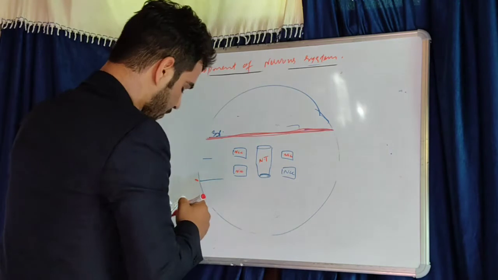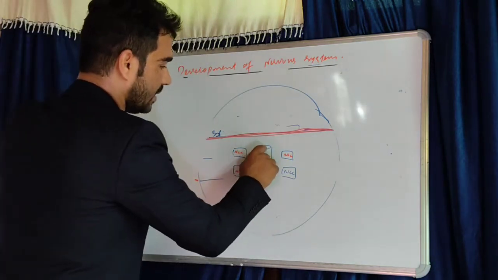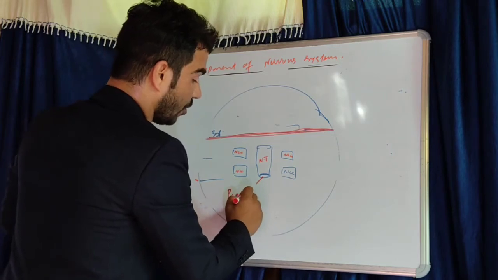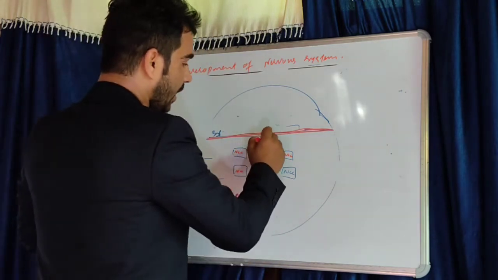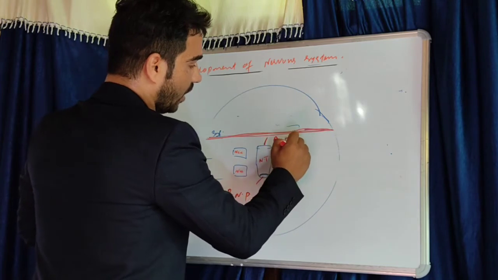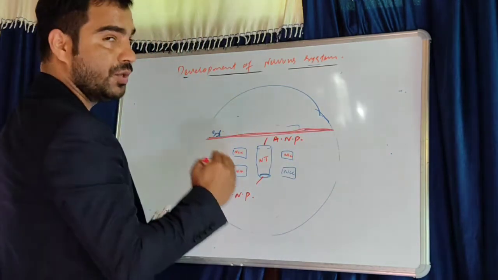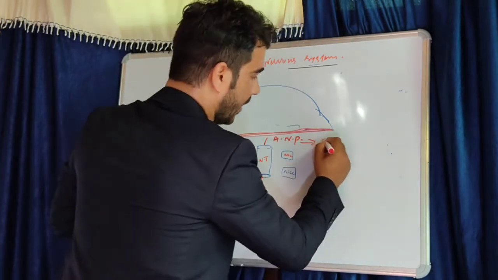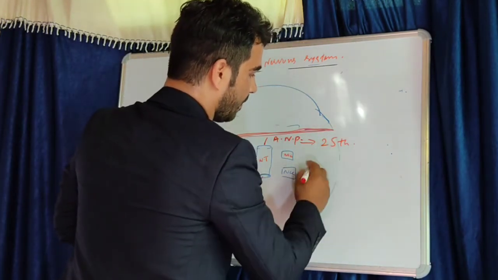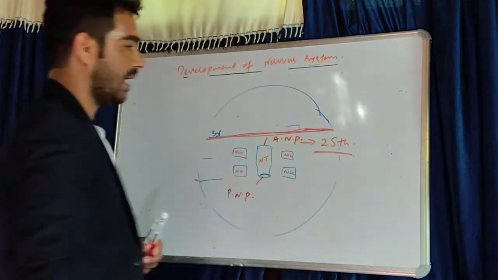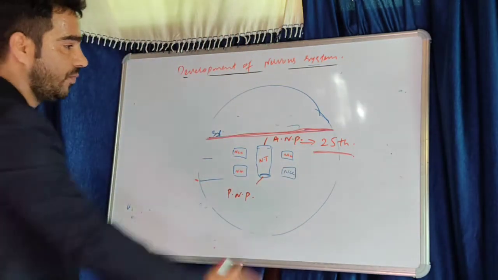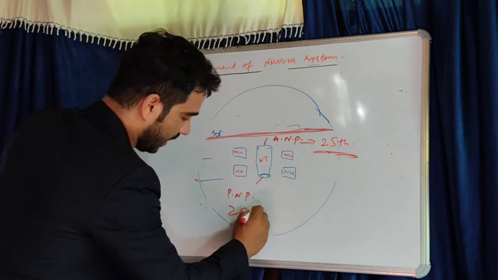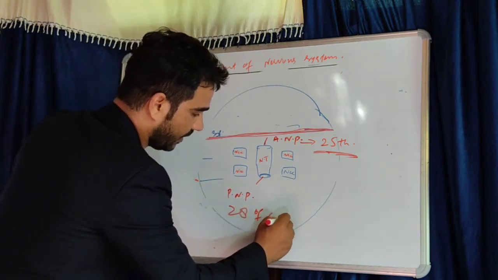Now this neural tube has an anterior pore and a posterior pore. This is the posterior neuropore and this is the anterior neuropore. Anterior neuropore should be closed on the 25th day of intrauterine life, and the posterior neuropore should be closed on the 28th day of intrauterine life.